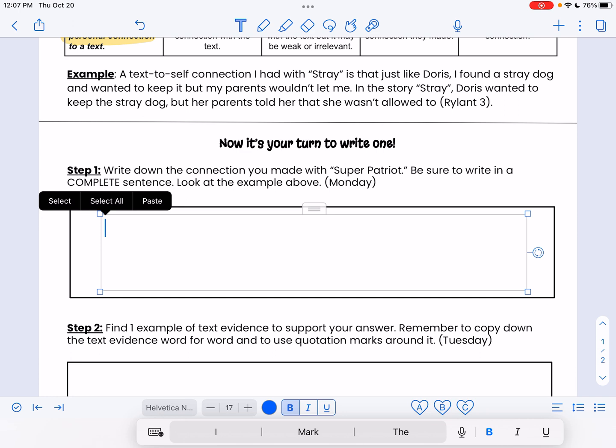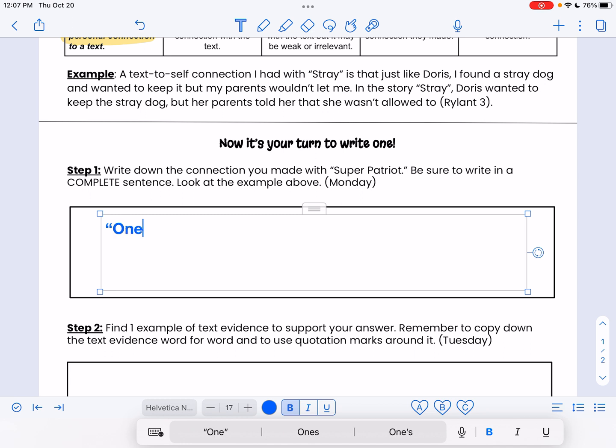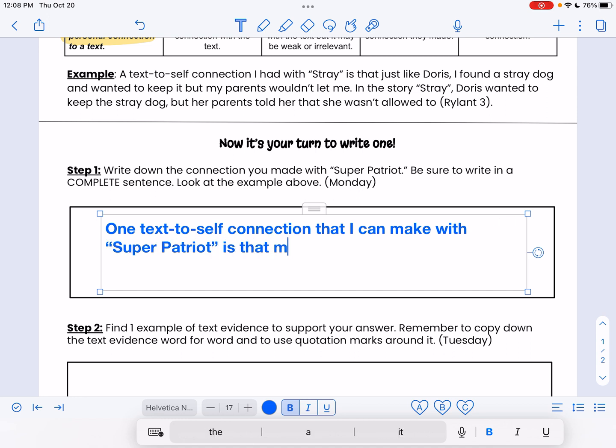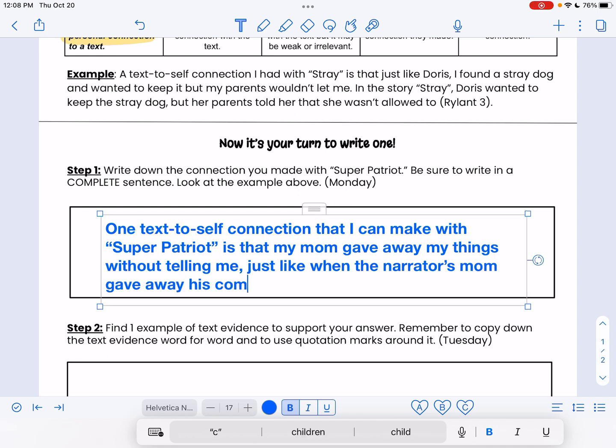One text to self connection that I can make with Super Patriot is that my mom gave away my things without telling me. Just like when the narrator's mom gave away his comic books.